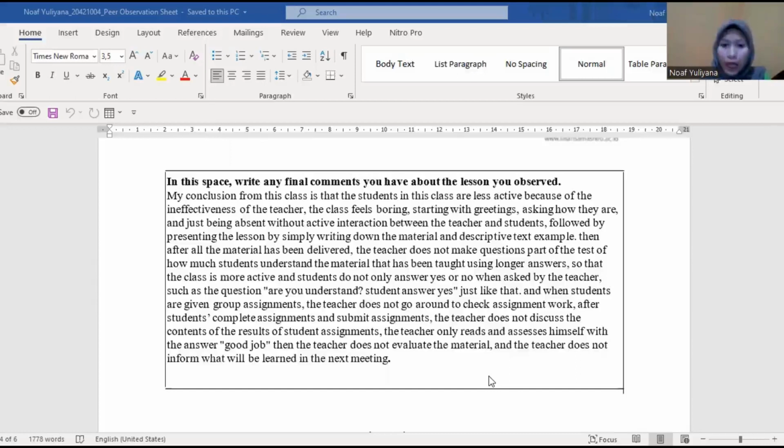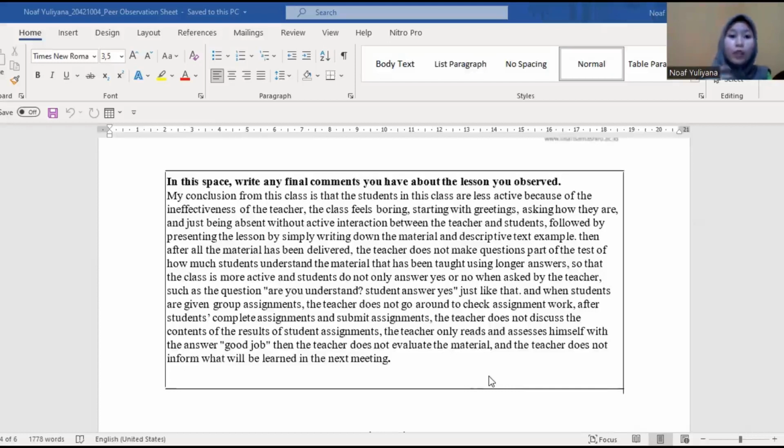The class feels boring, starting with greeting, asking how they are, and just taking attendance without active interaction between the teacher and students, followed by presenting the lesson by simply writing down the material and a descriptive text example.